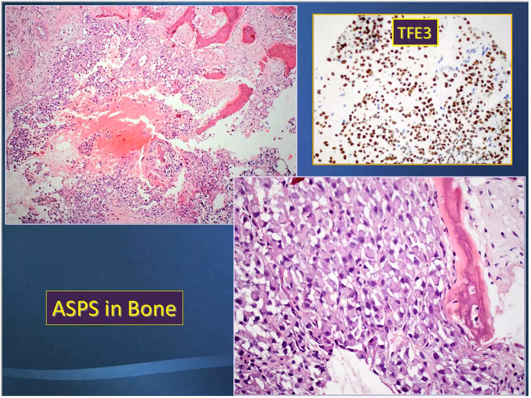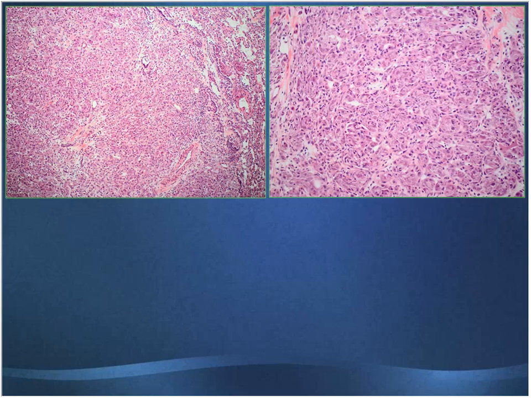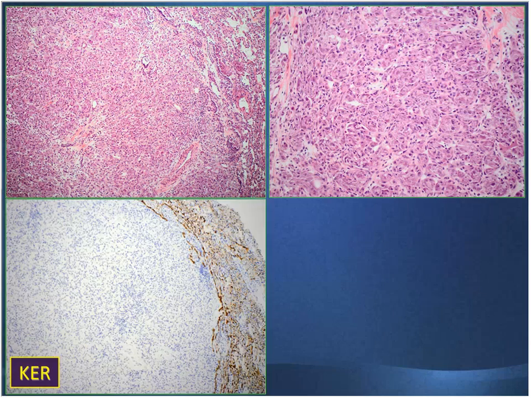The next case is a lung excision of a tumor mass in a patient who already had the diagnosis of alveolar soft part sarcoma. And the alveolar soft part sarcomas, as you can see, are very epithelioid. One has to rule out carcinoma of the lung, which is more common, of course.